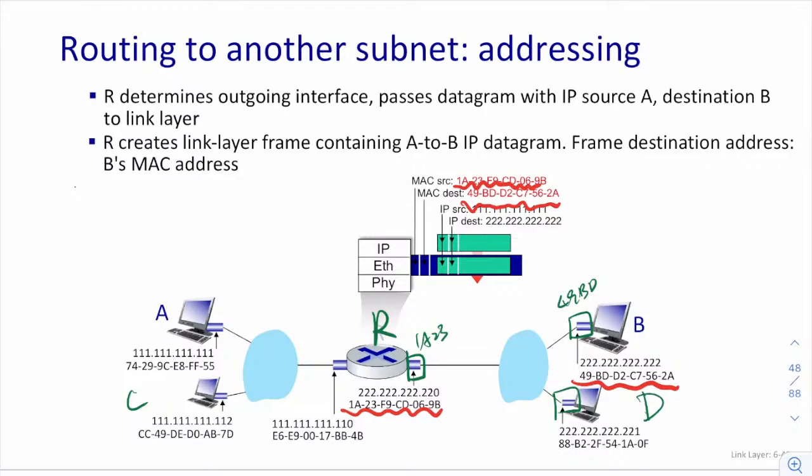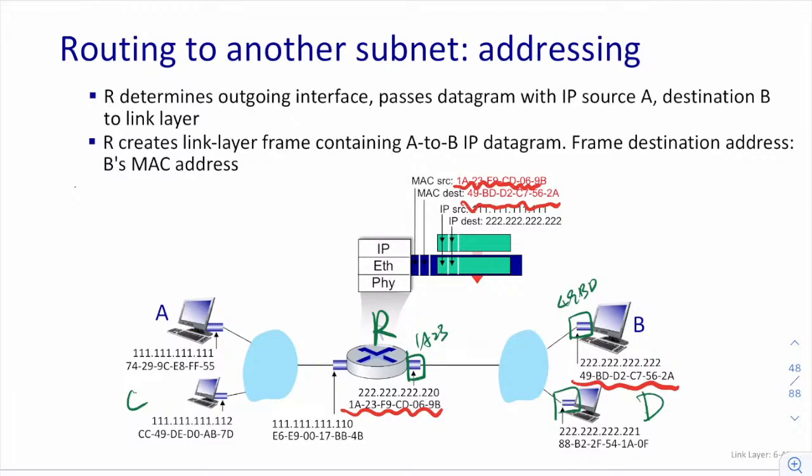And then the router will encapsulate the datagram again into a frame, using its own MAC address as the source address, and send it to the next step. In this example, it is B. Because R and B are in the same subnet, R can use the ARP protocol to know the MAC address of B, 2222.